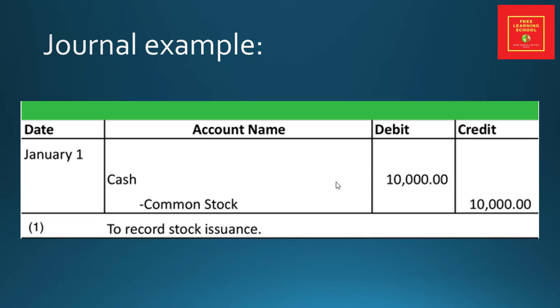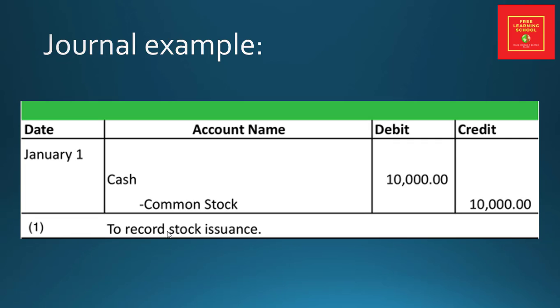So on January 1 we have a date and account names, debit and credit. Cash has been debited by $10,000, and common stock is mainly owner's equity, so owner's equity has been credited by $10,000. I put a small comment to record the stock issuance.